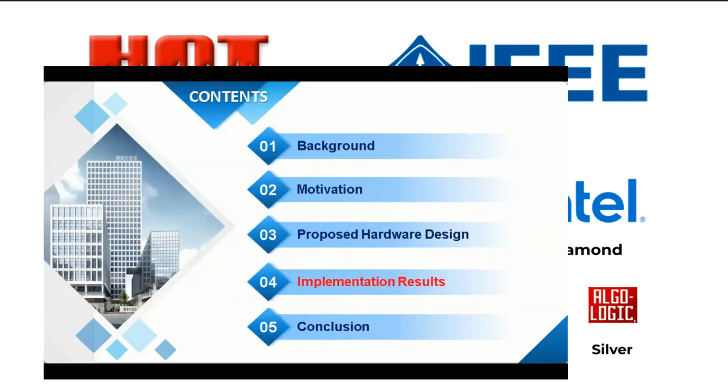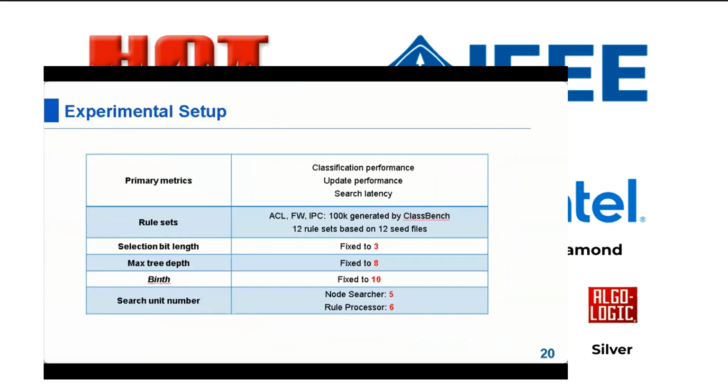In the next section, we present the performance results after implementation of our design. This is the experimental setup for the evaluations. First, we generate the text rules using the tool ClassBench, where 3 types of rule sets with 100K size are generated, which are ACL, FW, and IPC respectively, with a total of 12 rule sets.